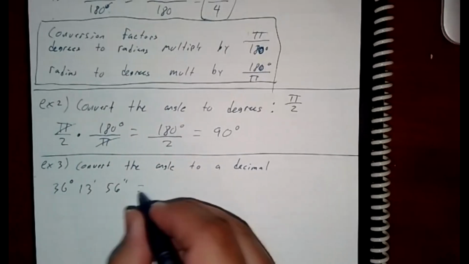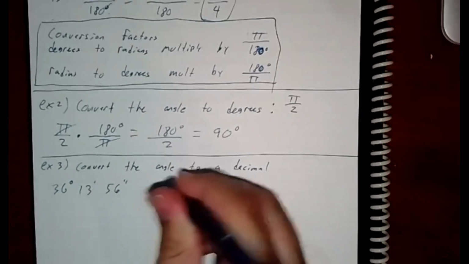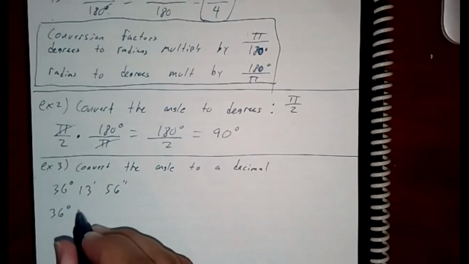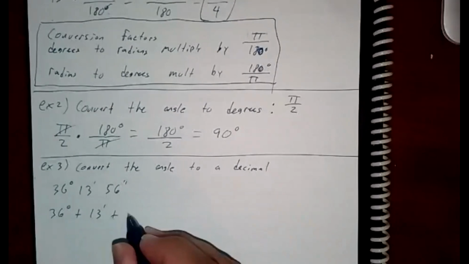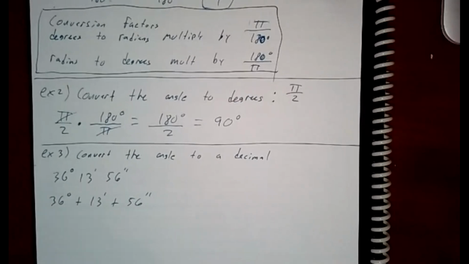So this is the same as saying, well, let's write it separately. This is the question part: 36 degrees plus 13 minutes plus 56 seconds. What I want you to do is remember the formulas from the other page and input them here.